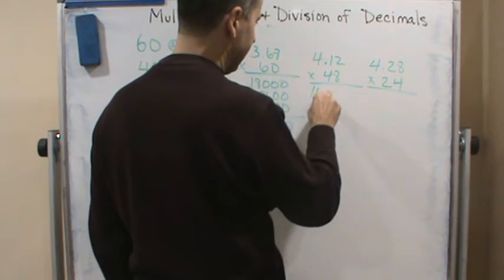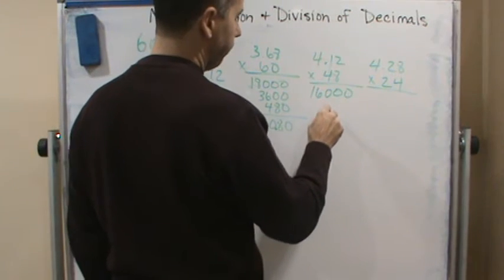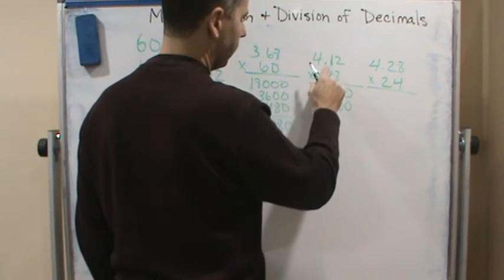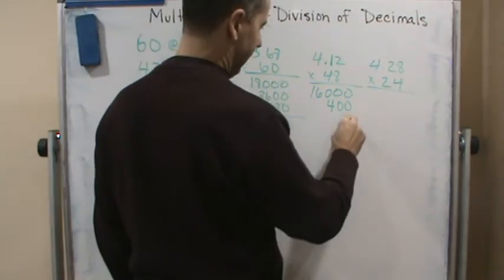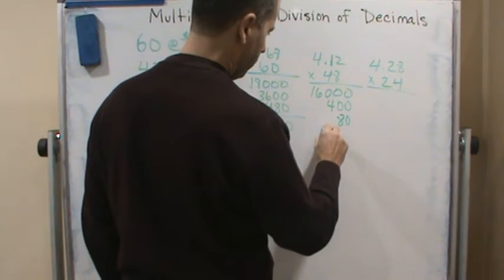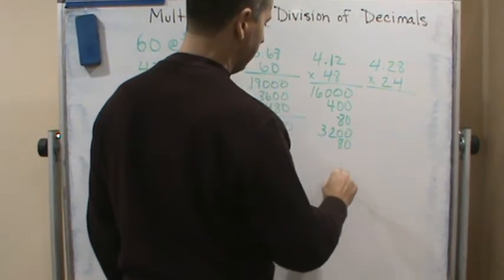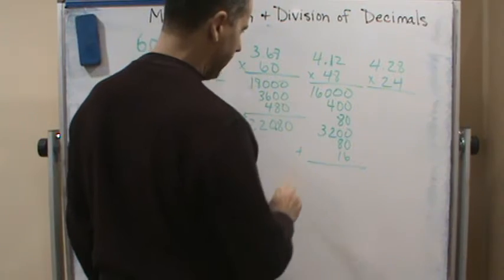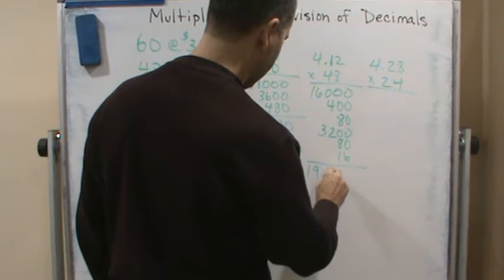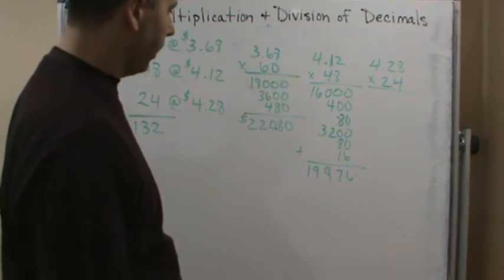So this is going to be 16 with 3 zeros, and then I'm going to have 4 with 2, and then 80, and then 32 with 2 zeros, so that's 3,200, and then 80, and then 16, and now I'm going to add. So what do I get? I got 1, 9, 9, 76.